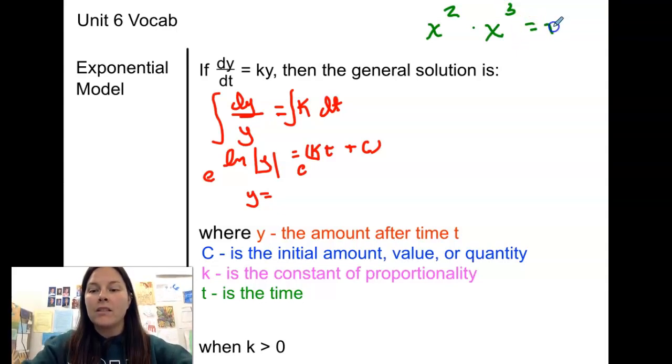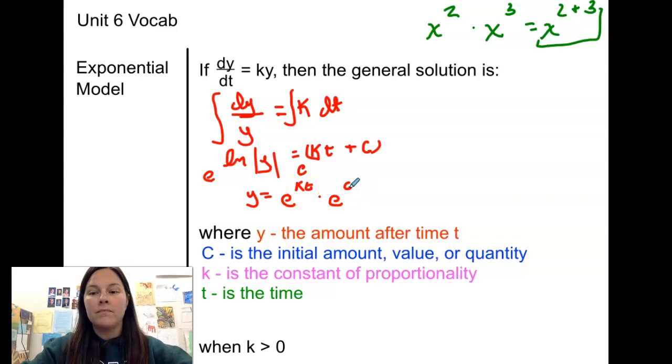It would become x to the 2 plus 3 power. So what we have right now is something like this, e to the something plus something power. And so what we're going to do is rewrite that in the multiplication form that it came from. So I have e to the k times t times e to the c power.